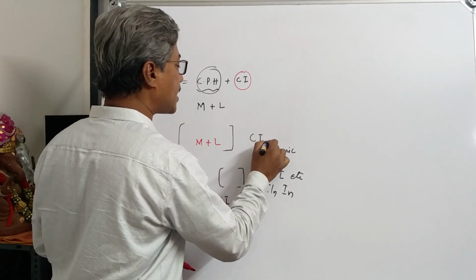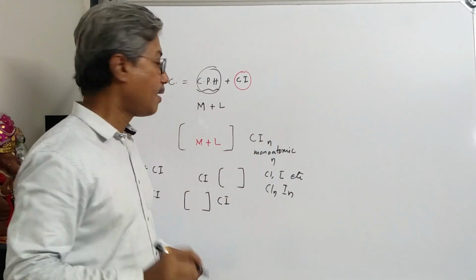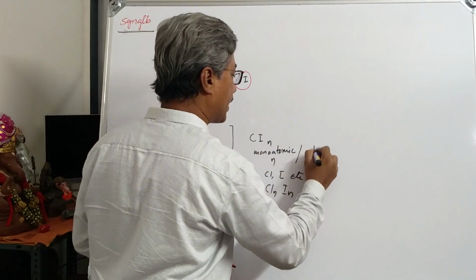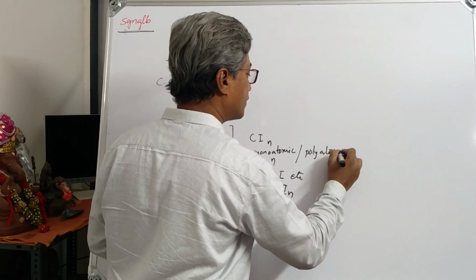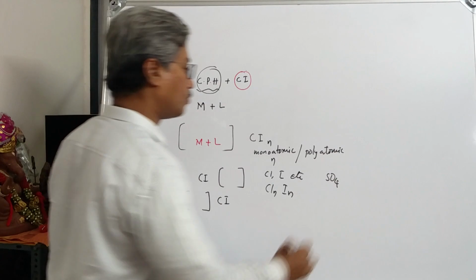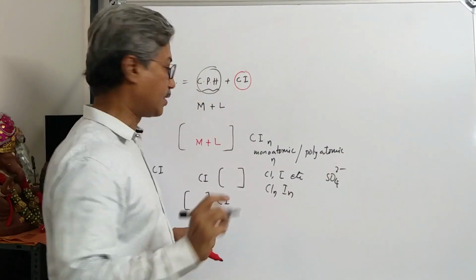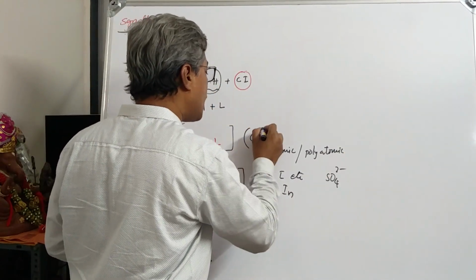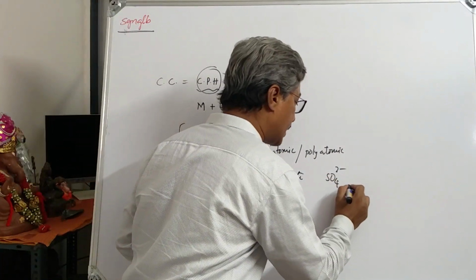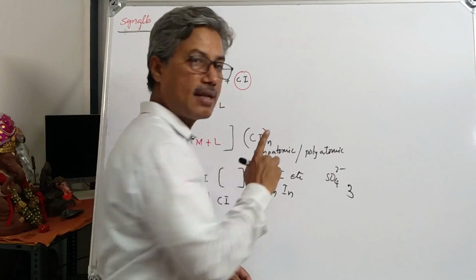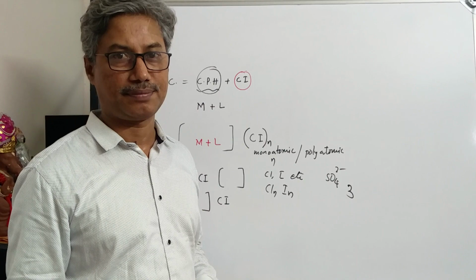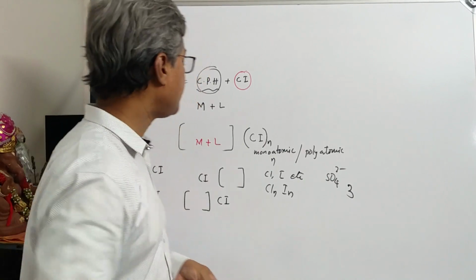Therefore, it should be written just n times. If instead of monoatomic it is polyatomic, say for example SO4, sulfate, SO4 2 minus, then we should use a parenthesis, that is normal bracket, and how many times it appears, say thrice or twice, that should be written after the parenthesis at the suffix place. Clear?